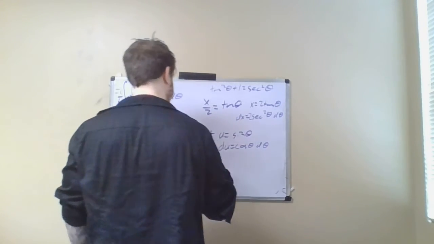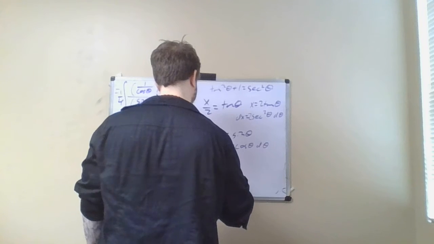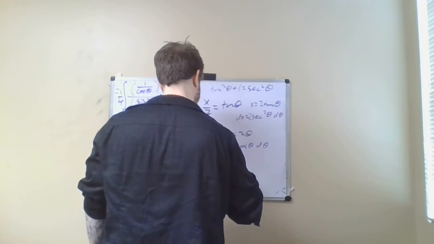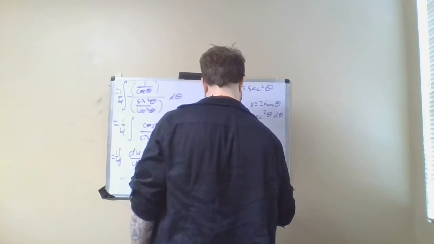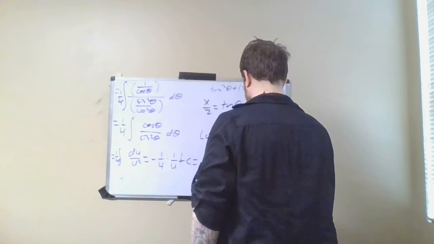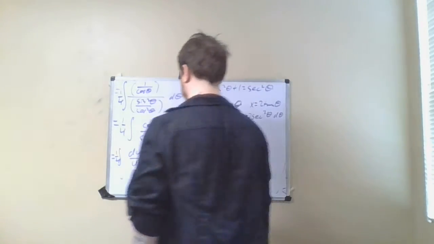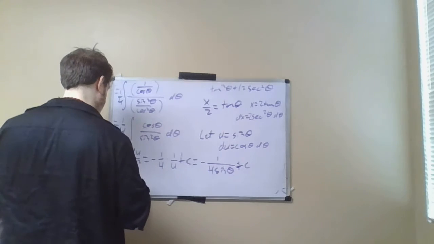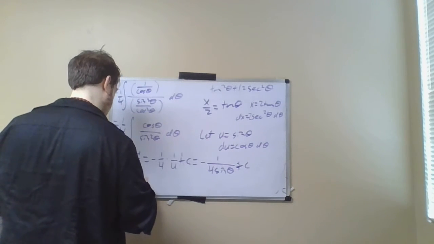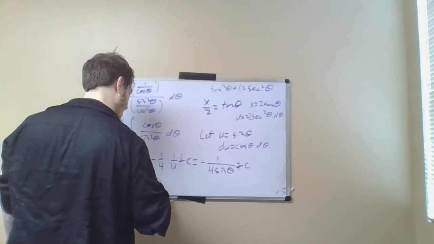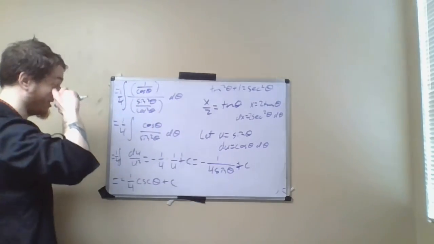So that is going to be negative 1 over 4 sine theta plus a constant of integration, which is going to be negative 1/4 cosecant theta plus a constant of integration.